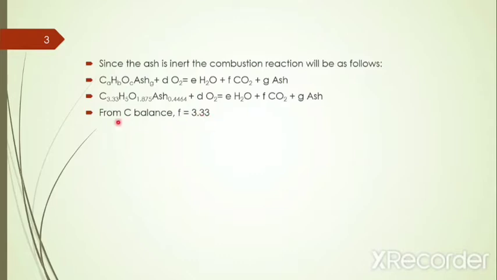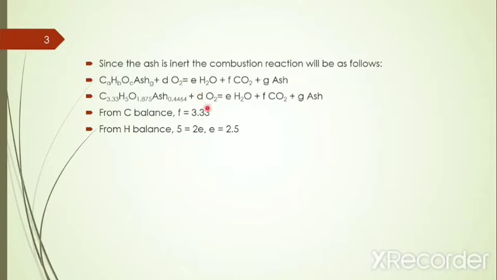So by balancing carbon, we get f equal to 3.33. Then we have the hydrogen balance. Here we have 5 on the left side and 2e on the right side, 2 moles of hydrogen per e. So 2e is 5, which means e is 2.5. So we have found e and f.